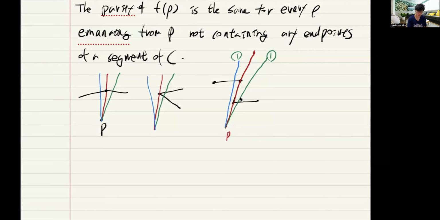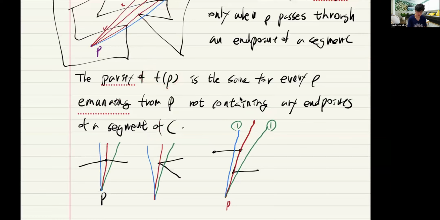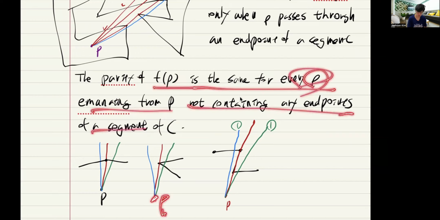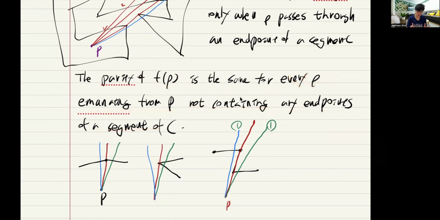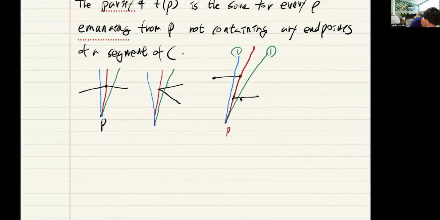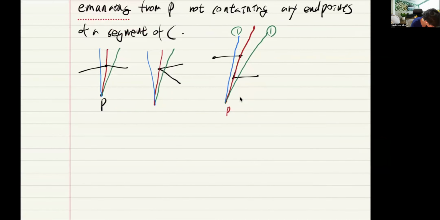So we can actually check that this parity of F(ray) is the same for every ray emanating from this specific point P, as long as this ray does not contain any endpoint of the segments. And there are finitely many endpoints of the segments, so this is well defined. And this gives us a way to categorize the points depending on this parity.